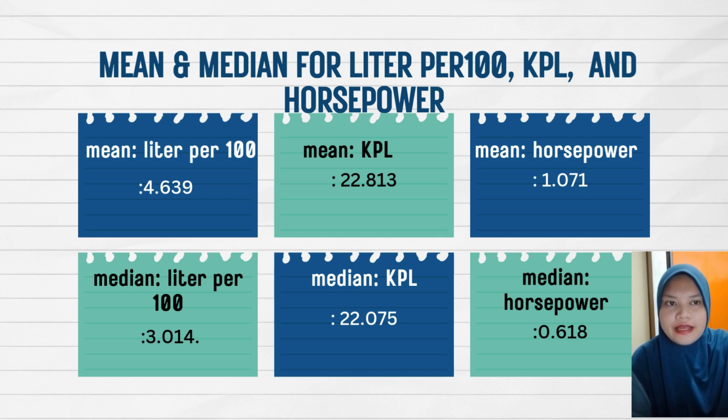Mean for KPL, kilometers per liter, is 22.813 and the median of kilometers per liter is 22.075. Mean for horsepower is 1.071 and median for horsepower is 0.618.